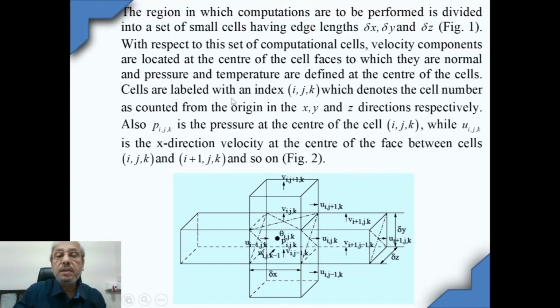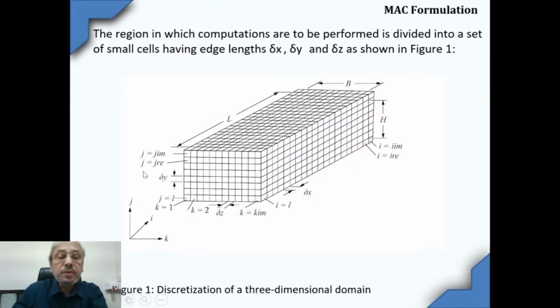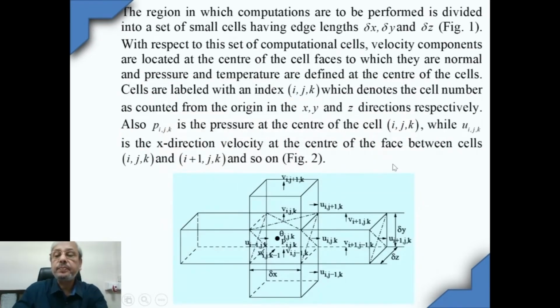Cells are labeled with an index IJK, which denotes the cell number as counted from the origin in the X, Y, and Z directions. So from the origin in the X, Y, and Z direction, we make progress by delta X, delta Y, delta Z, and cover the full domain.